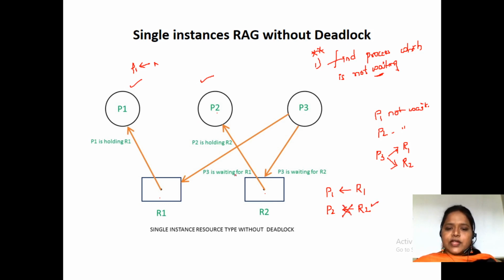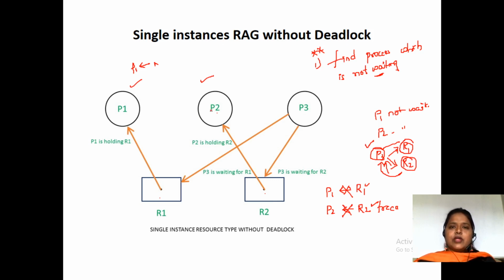Now R2 is free, so P1 gets the resource R2. After some time, P1 also completes its task and releases R1. Now R1 is also free. Now P3 has the resource R1 and the resource R2, so P3 can complete its task. So this is the single instance resource allocation graph without deadlock.